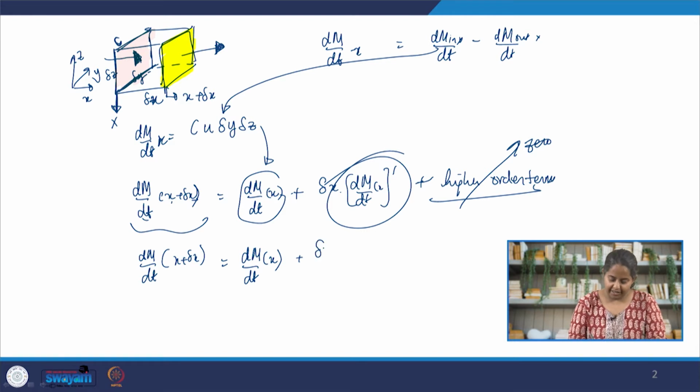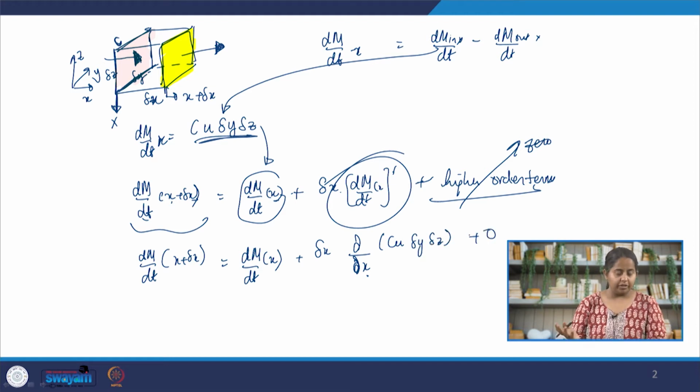Now plus del x and then derivative of this here. So basically since we are moving in x direction, it is going to be derivative with respect to x of Cu del y del z, and this is what we are going to ignore.